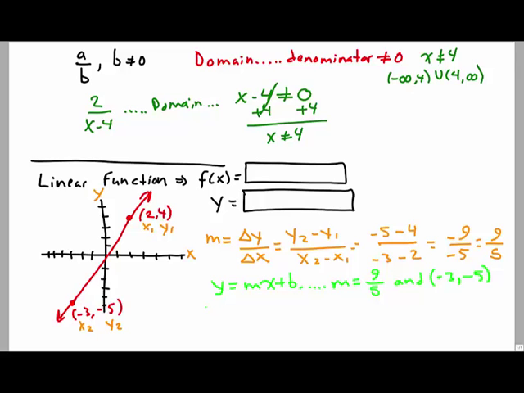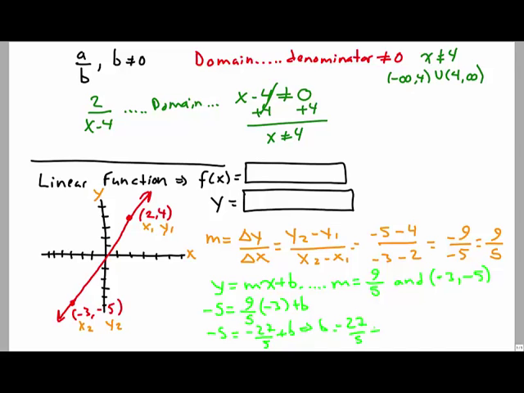So what I'm going to do is I'm going to plug in -5 in here. My slope was 9/5. My x value is -3 plus b. So my goal here is to solve for b. So I have -5 equals -27/5 plus b. And then of course to solve for b, I would add the 27/5 across.